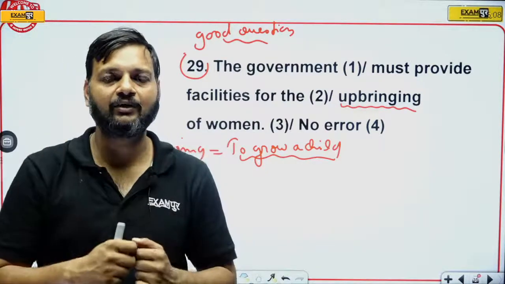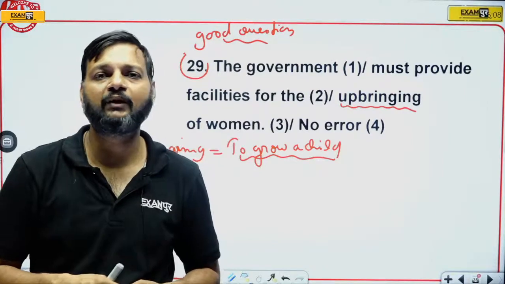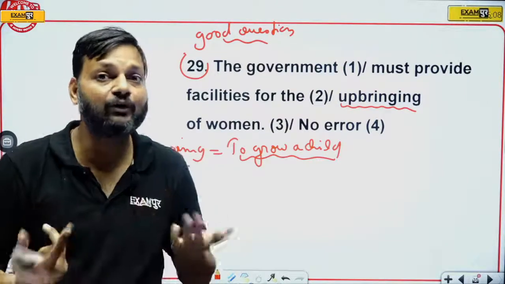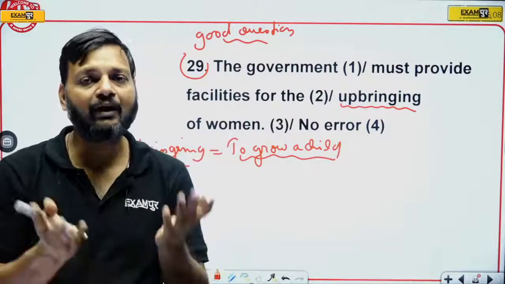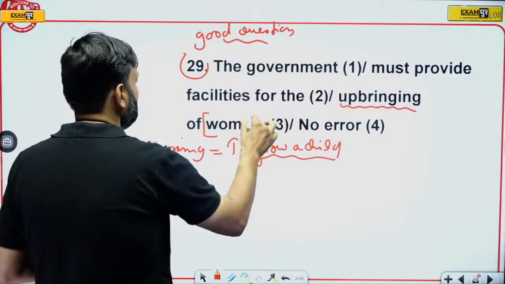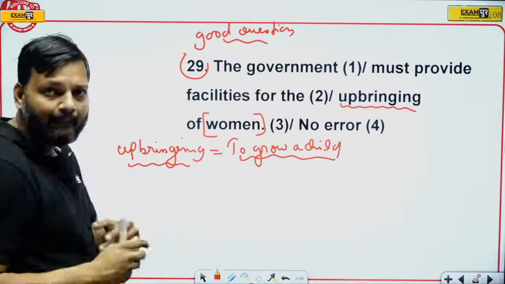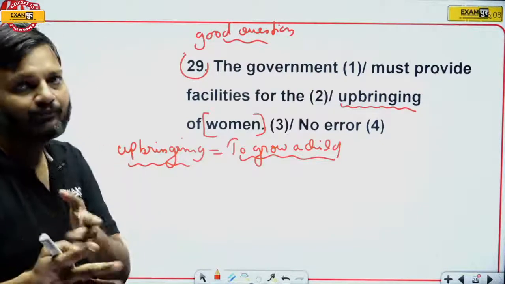When we grow a child, it is called upbringing. For example, people usually say my upbringing was very good, or my upbringing was very painful. So upbringing of a child. Now here we have women. So upbringing of women is not possible because upbringing is used with child.